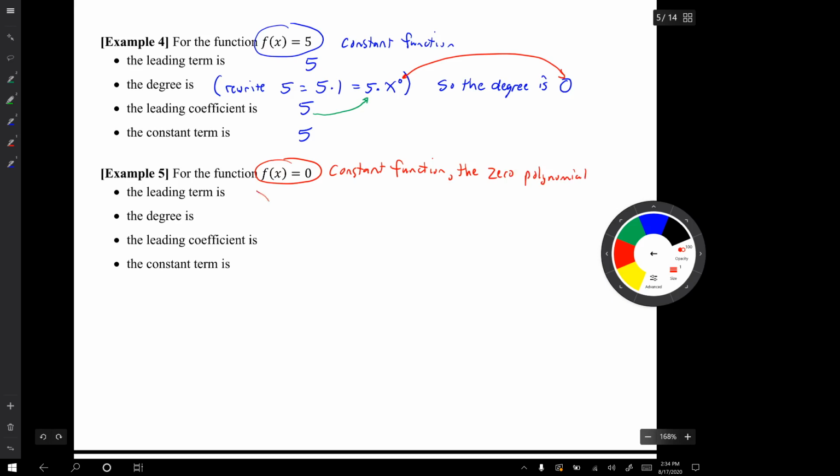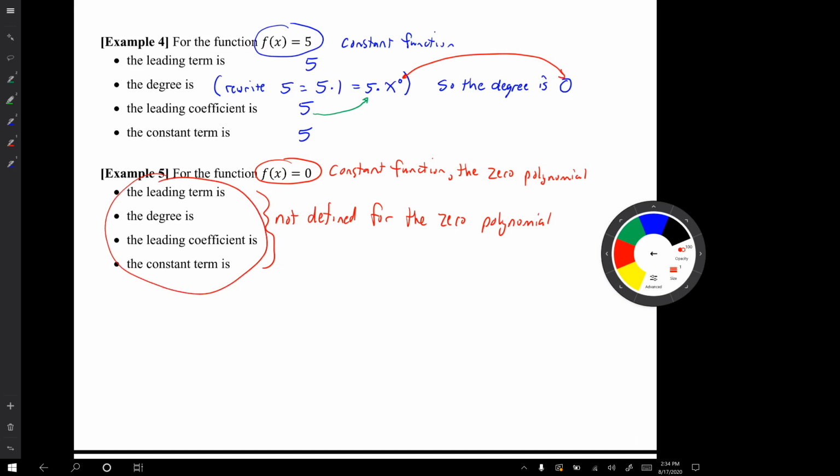So all of these things are not defined. So notice that we don't have any of these terms defined for the 0 polynomial. We do have them for a constant polynomial. So we can have a degree that's the number 0. That happened here.